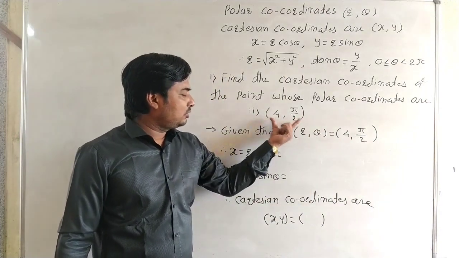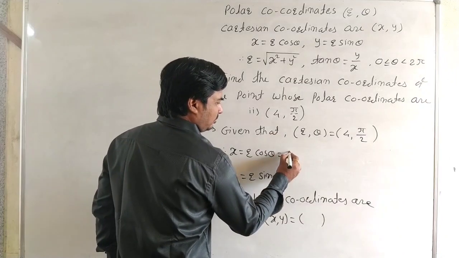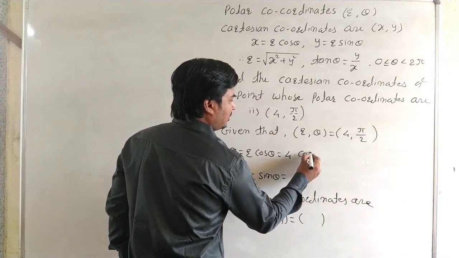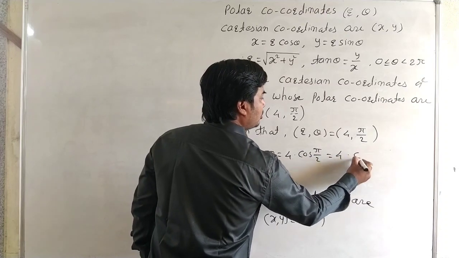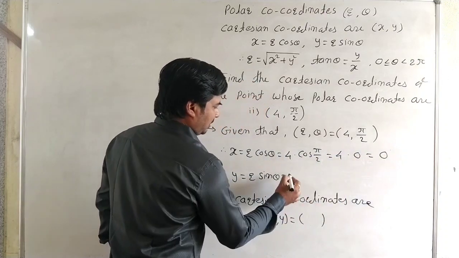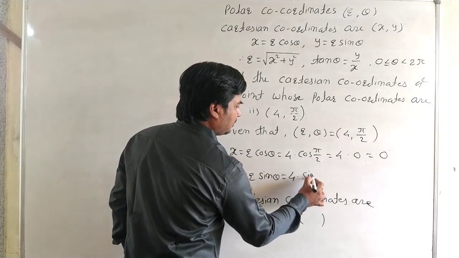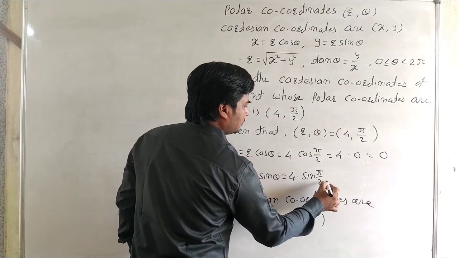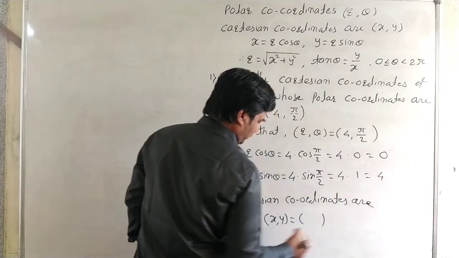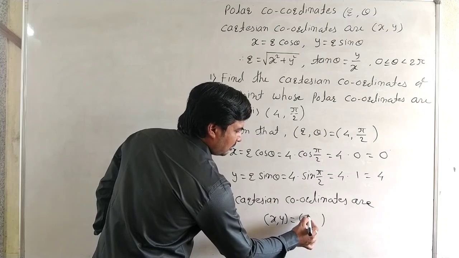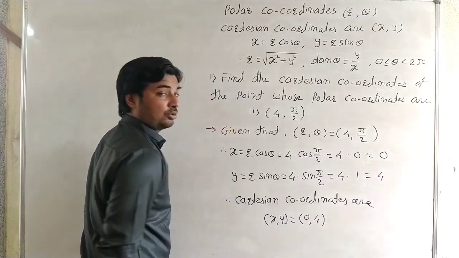The polar coordinates are given. We want to find the Cartesian coordinates, that means the values of x and y. x is equal to 4 into cos pi by 2, and cos pi by 2 is 0, so 4 into 0 is 0. Here y is equal to r sin theta, 4 into sin pi by 2, and sin pi by 2 is 1, so 4 into 1 is 4. Then the Cartesian coordinates are 0 comma 4. x is equal to 0 and y is equal to 4.